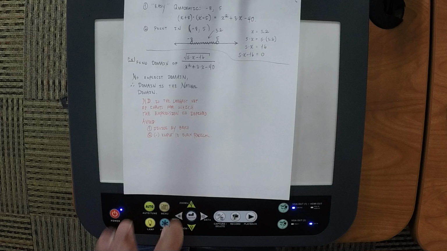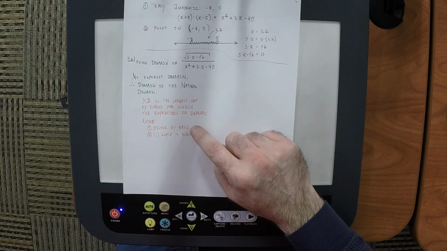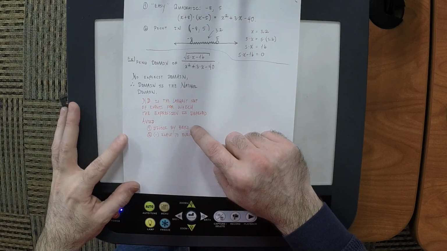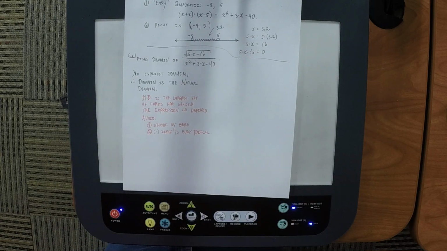Now, this exercise is the first one where we're going to have to deal with both. So the way that we're going to do it is we're going to figure out the one condition and then set that answer aside. Then we're going to figure out the other condition and set that one aside, and then we're going to say, okay, we need both conditions to be true. So we're going to compute an intersection after that.